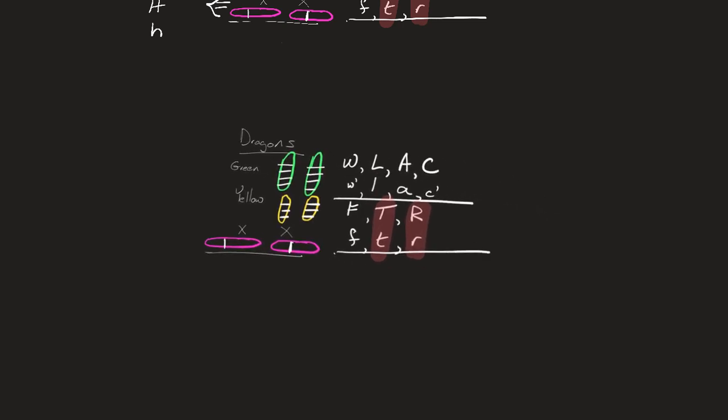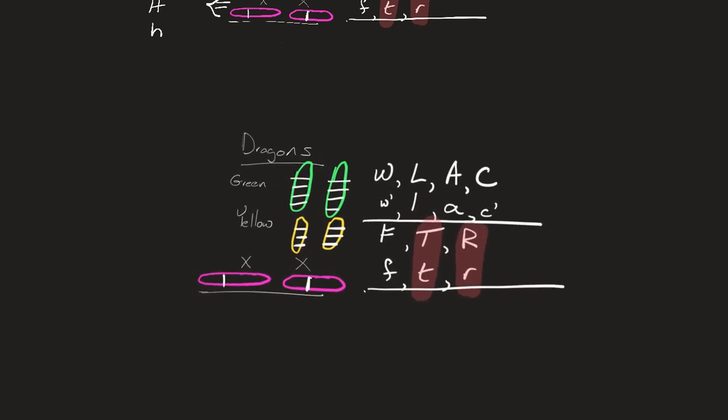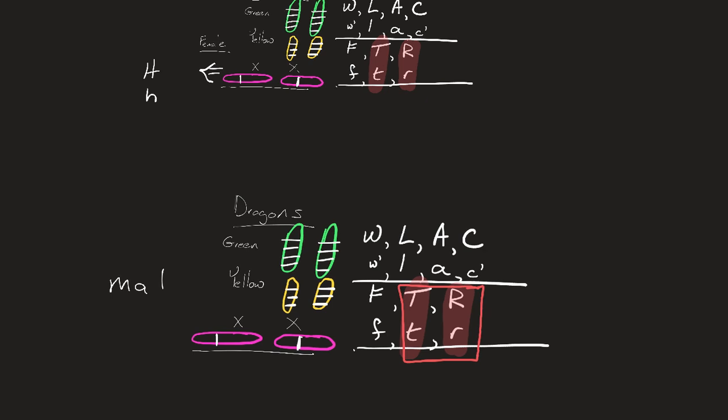Your male dragon still has all the greens, all the same genes, two copies of each, and all the same yellows. Remember that T and R are very different, and they made that point at the bottom of that paper. They describe it to you. We'll look at that in a second. So all that's the same in both dragons.